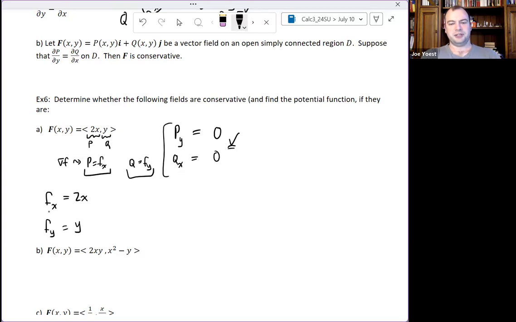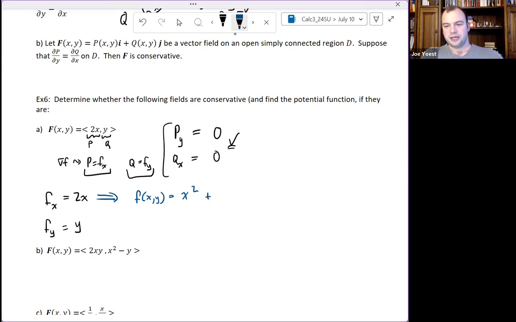And there's a couple strategies you can use here, but I like a strategy that's a little more linear. So what I'll do is I'll take one of these. Okay, I know the partial with respect to x is 2x. Well, that tells me that f of x and y has to be something like x squared, right? If I take the antiderivative of 2x, that gives me x squared.